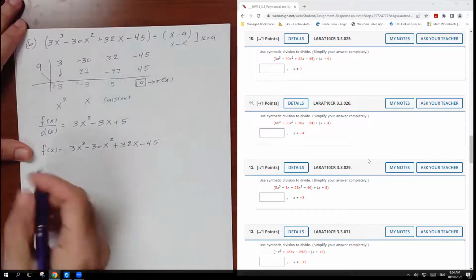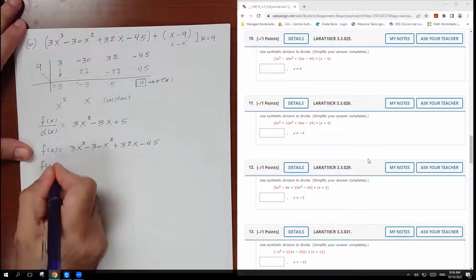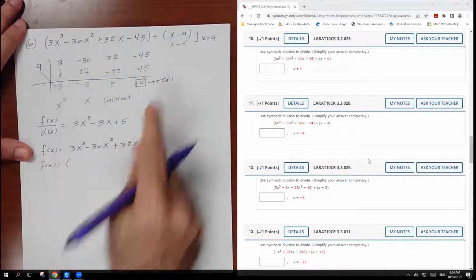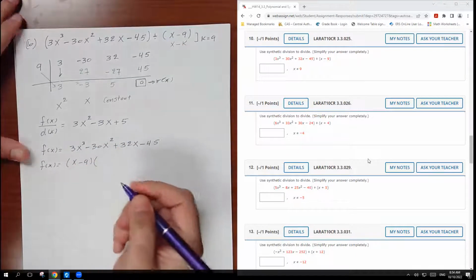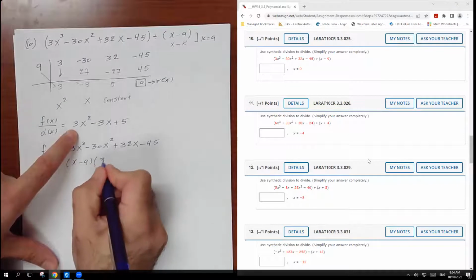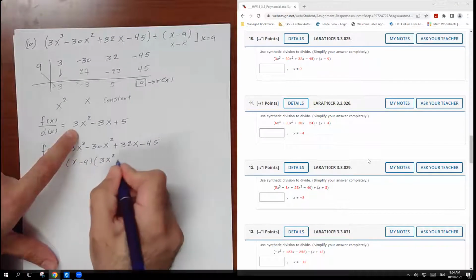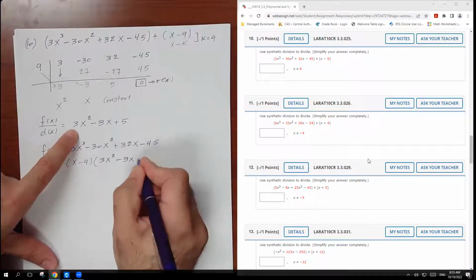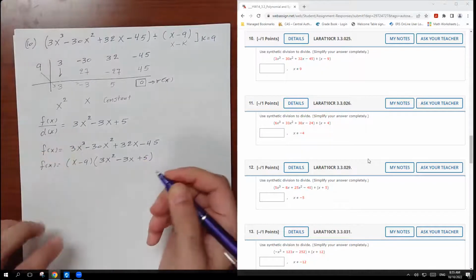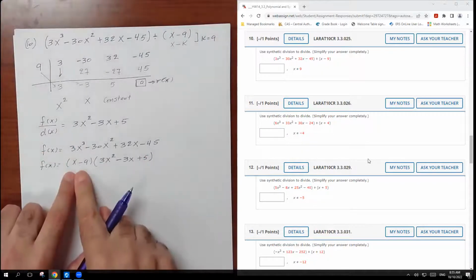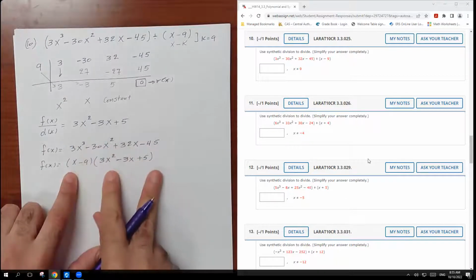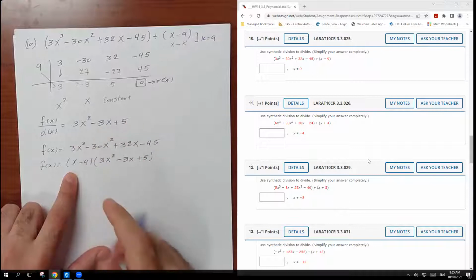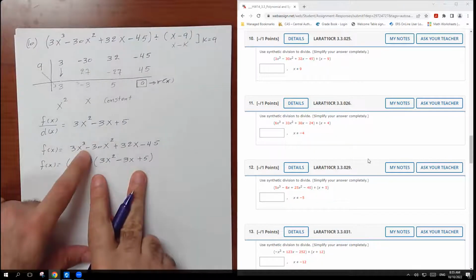If I need to factor this one, I'm going to say f of x equals x minus 9, and the rest is going to be 3x squared minus 3x plus 5. So if you multiply x minus 9 times what I got from here, the quotient, because this is q of x, you're going to go back to the f of x.